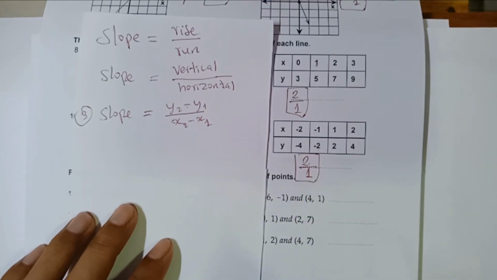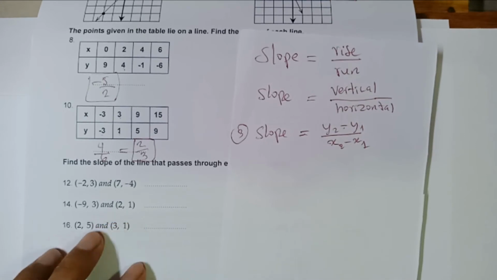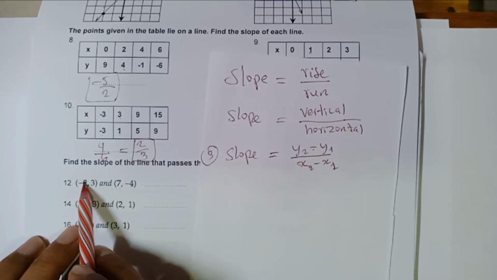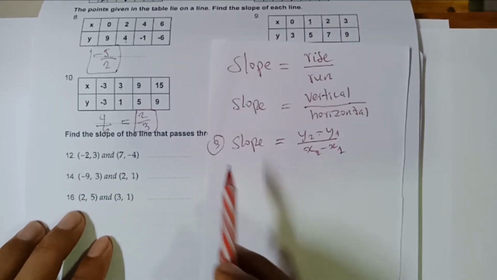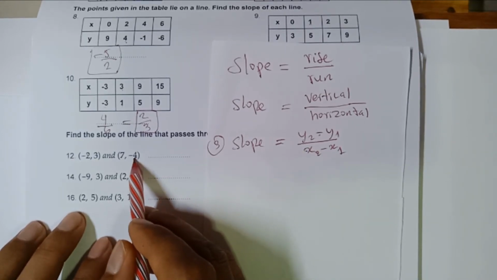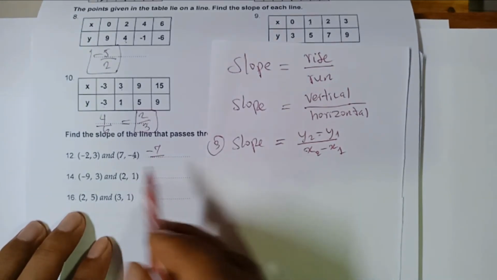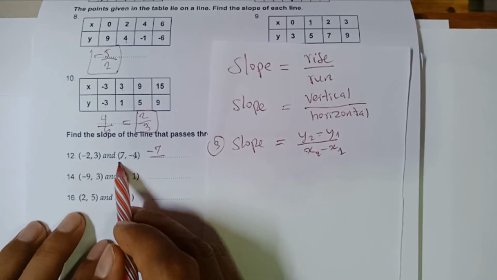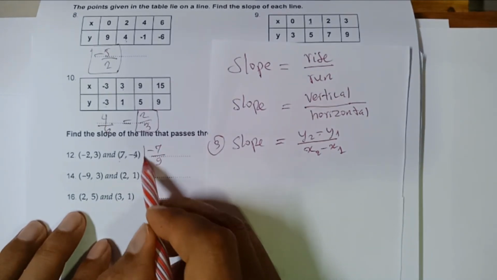So the slope is 2/1. Number 12. They already give us the points: x1, y1, x2, y2. So y1 is -4, and -4 minus 3 gives -7. Over 7 minus -2, which becomes 7 plus 2, which is 9. So -7/9. That's already in simplest form.